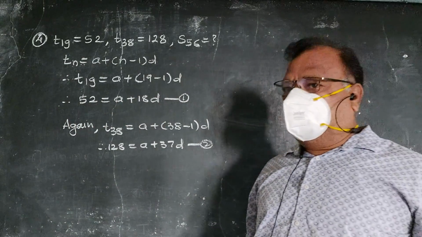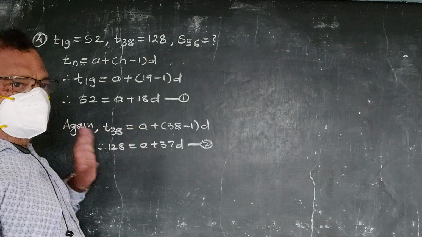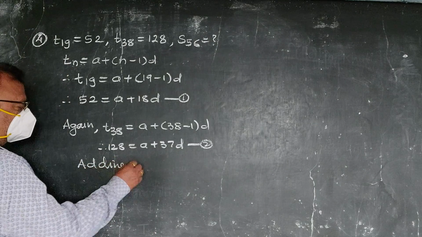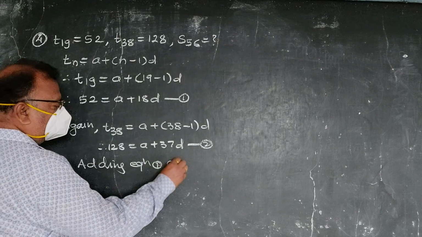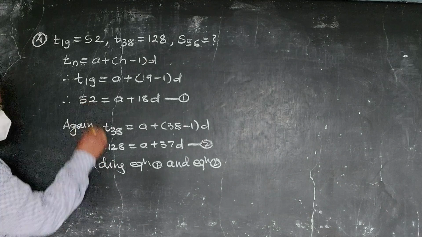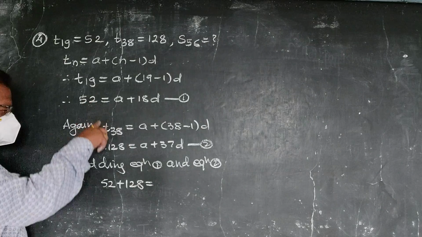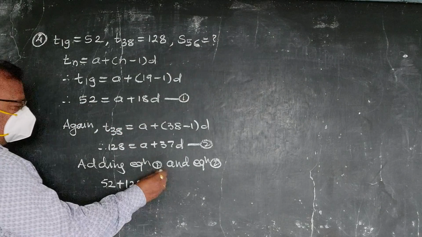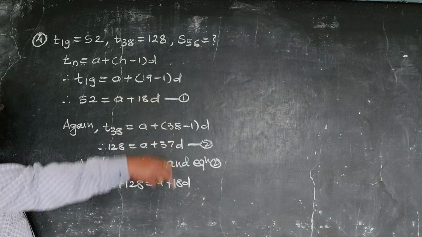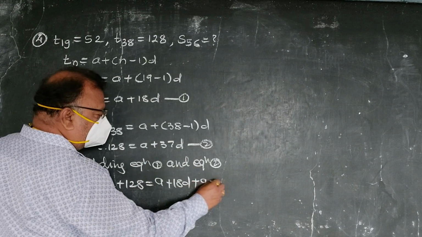Now what is to be done? We will add these two equations 1 and 2. Adding equation 1 and equation 2, what do we get? 52 plus 128 is equal to A plus 18d plus A plus 37d.